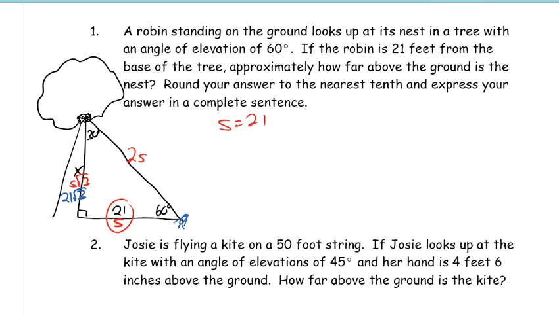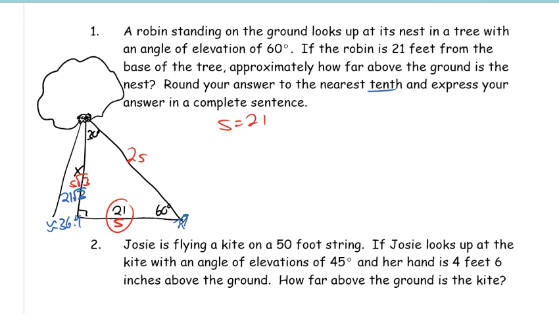Shoot, did it wrong. Square root of 3 times 21 equals about, so hopefully you guys are checking my math on that. Because it says round to the nearest tenth, that comes out to be about 36.37, so we'll call it 36.4 to the tenths.